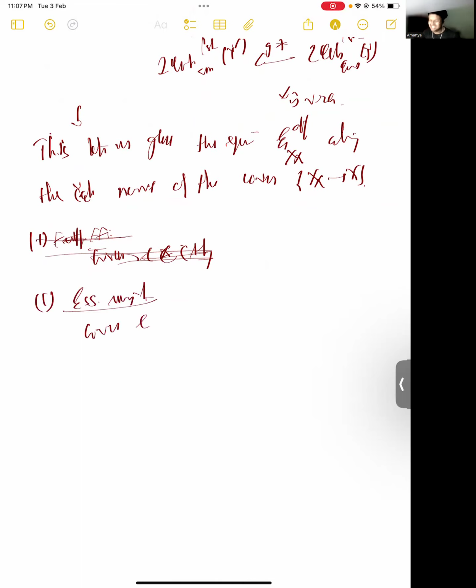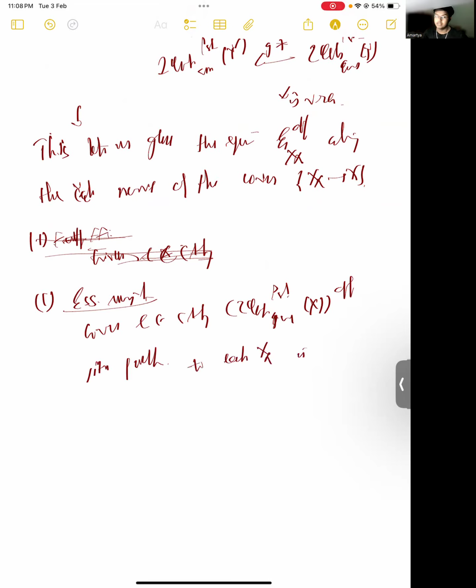So given the C in CAlg of QCoh X, its pullback to each X alpha is of the form f star of Z alpha for some f alpha from Z alpha to X alpha, right?